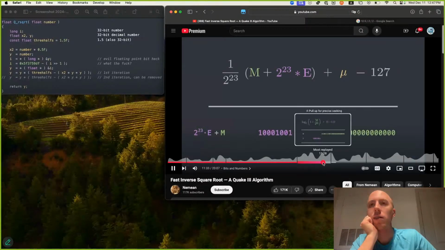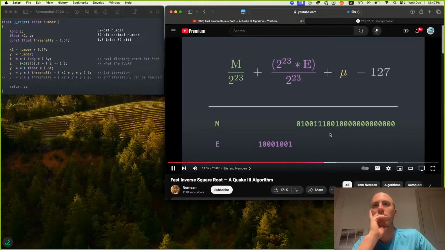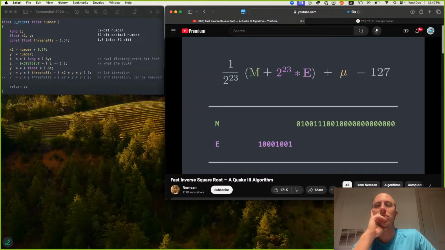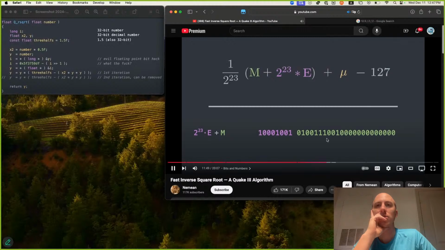We rearrange a little bit more and we finally see why we did all those calculations. M plus e times 2 to the 23 appears. That's our bit representation. So let's think about what we just did. We applied the logarithm to our formula and got the bit representation, just scaled and shifted by some constants.